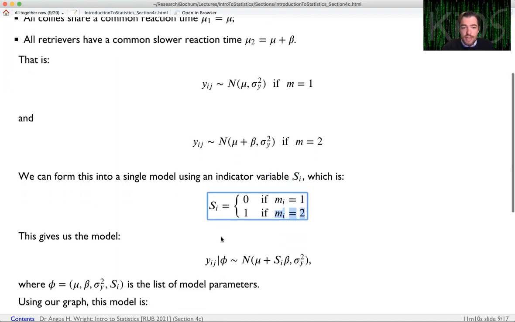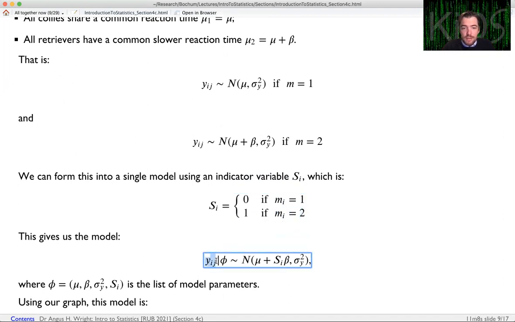The observed reaction time, given our suite of model parameters, is a Gaussian distribution with mean mu plus S_i beta, where S_i is 0 for a border collie, so it just turns into mu, and for a golden retriever S_i is 1, so you end up with this beta factor additionally. Same scatter in both.